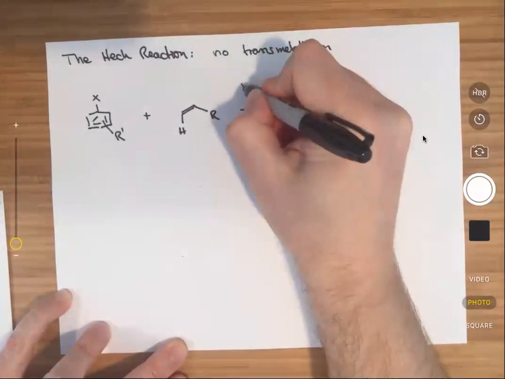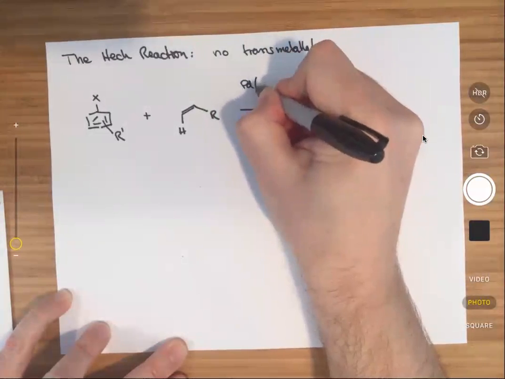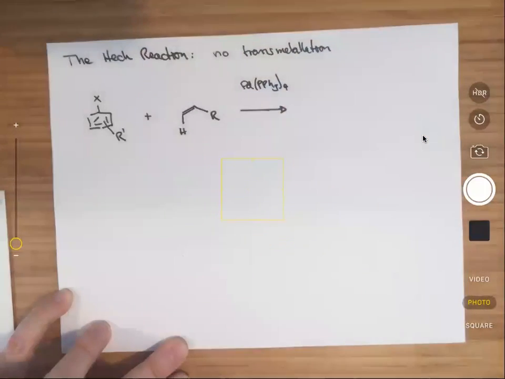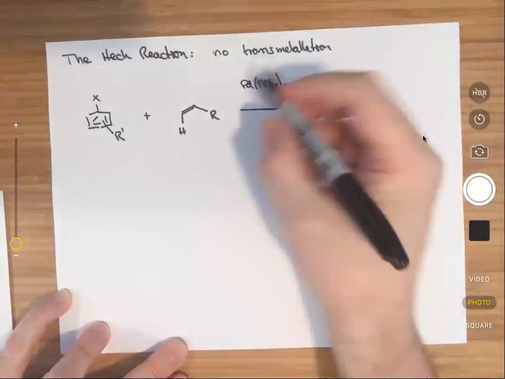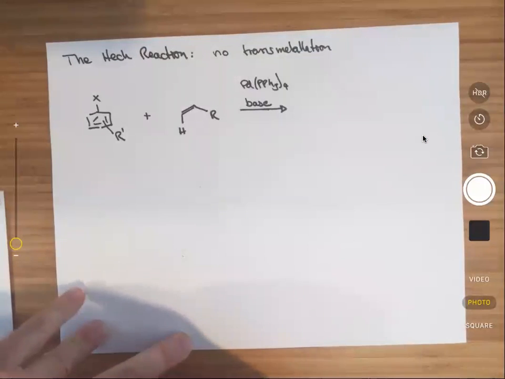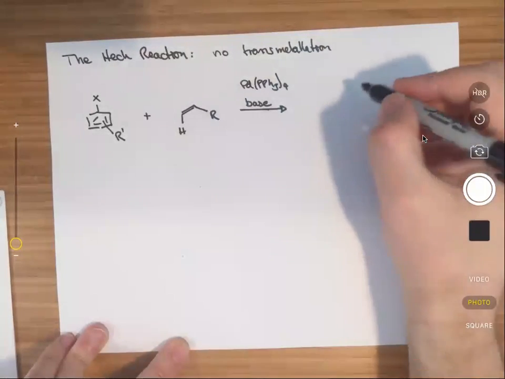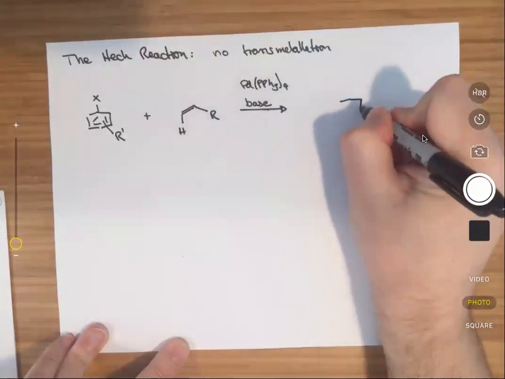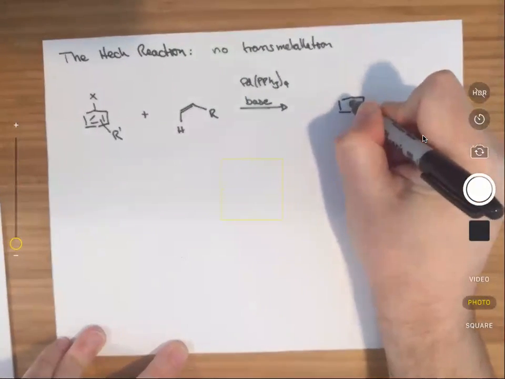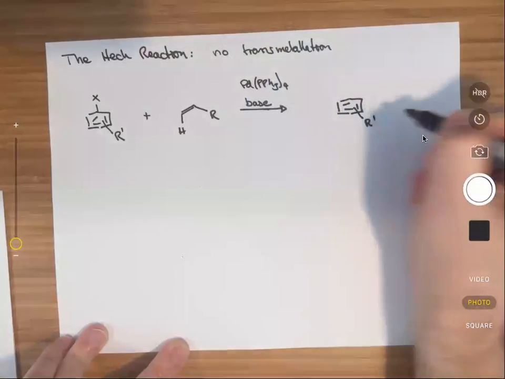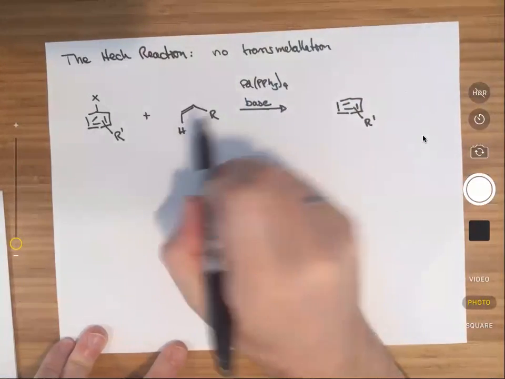So again, let's use our standard palladium tetrakis here, and you need a base for this reaction to work, to soak up the acid that you're going to be producing as part of this. The product of this is going to be the coupling of this aryl halide to this vinyl group.